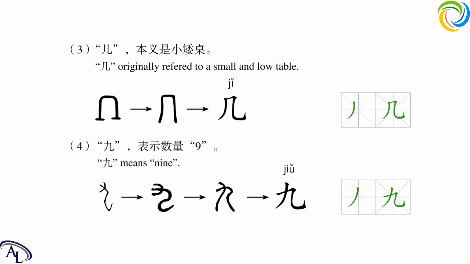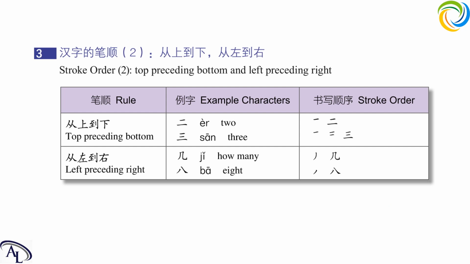Try to practice. And now the second part of stroke order. In the last lesson we learned the stroke order is first horizontal and then the vertical. First left turning and then right turning, right? And today's other stroke order is top to bottom, left to right.